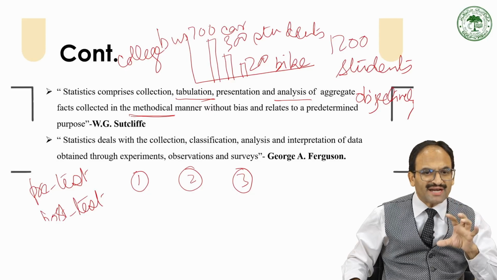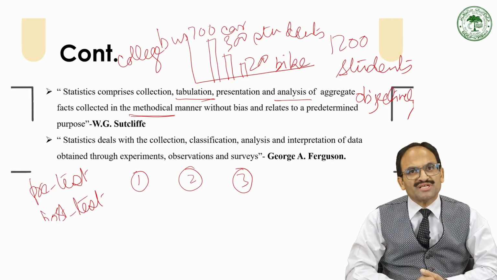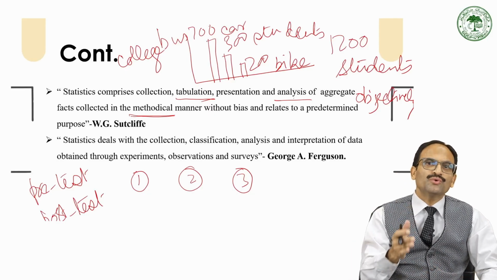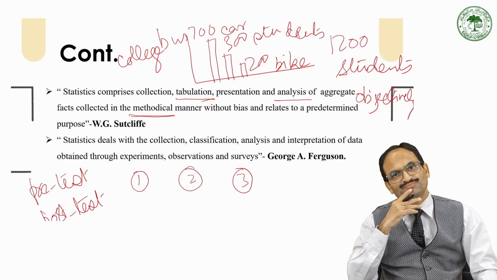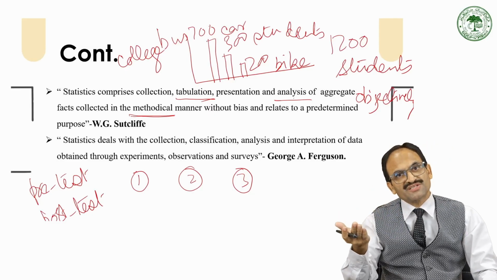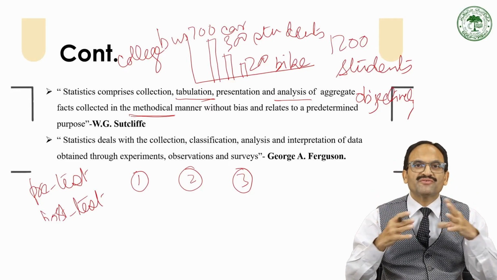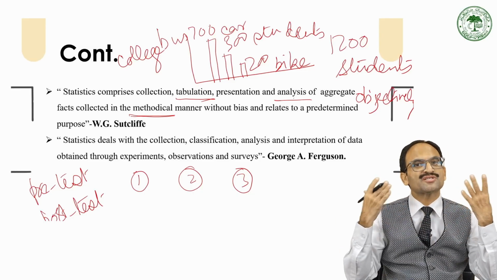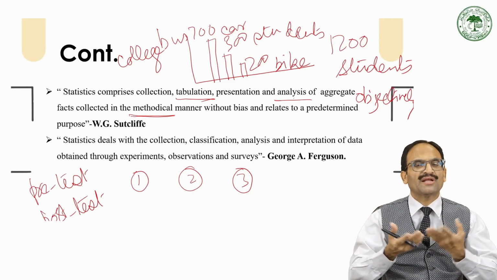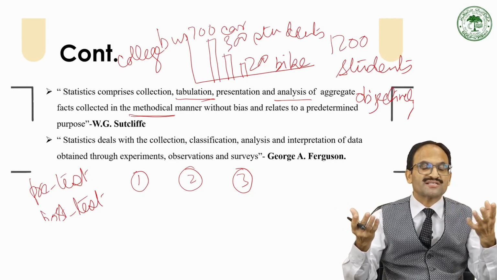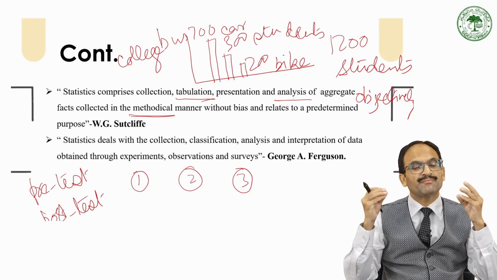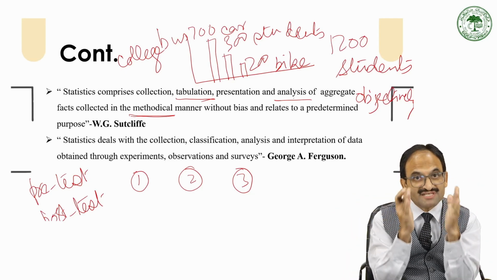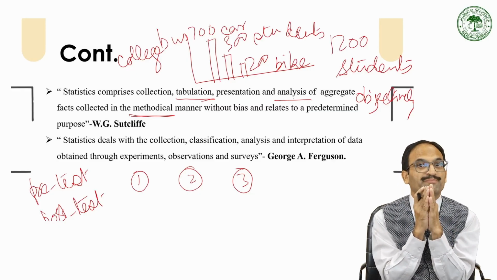Sometimes some data we do not get through experiments, rather we get through observations. Observations, my own observations, collective observations, observations by a team, particularly when doctors study and administer some drugs on some patients.